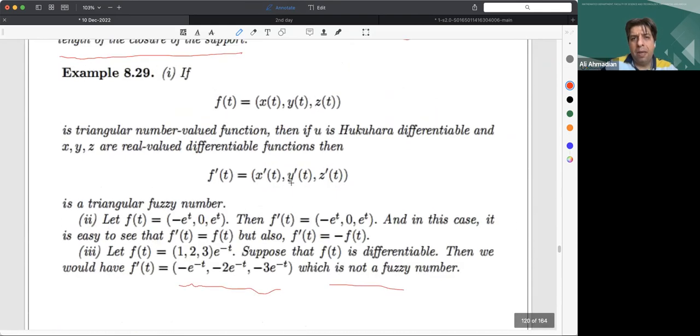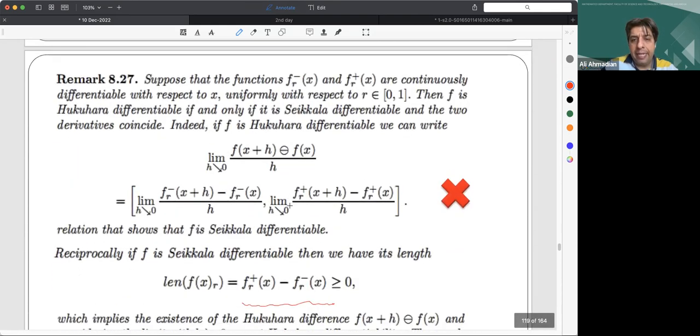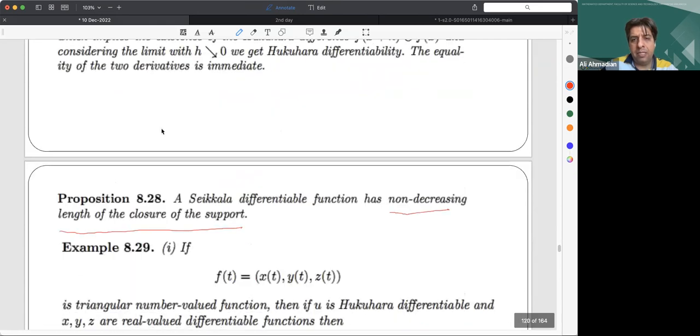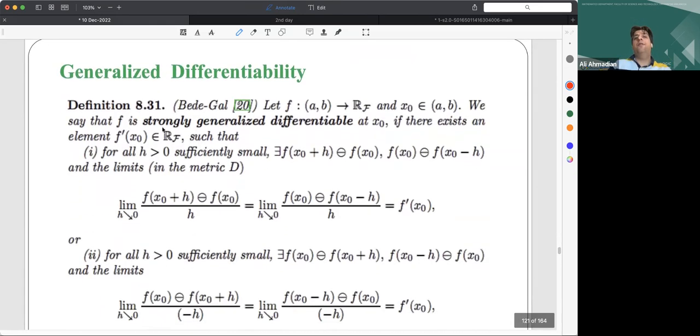Because of the problem related to the lengths that I describe also in the article, we go through defining generalized differentiability based on the generalized Hukuhara difference, to remove the problem that I discussed.